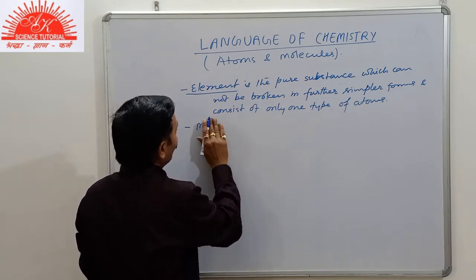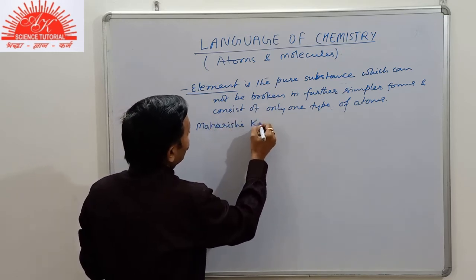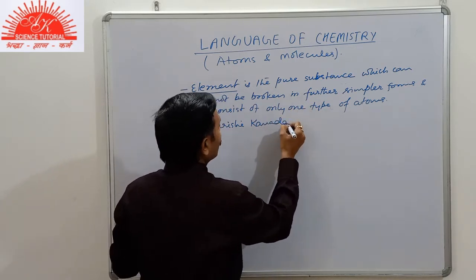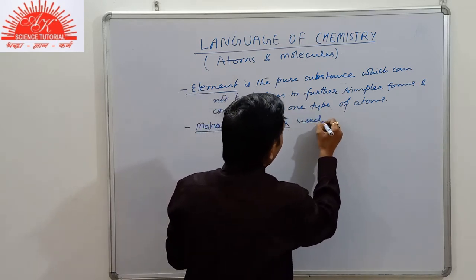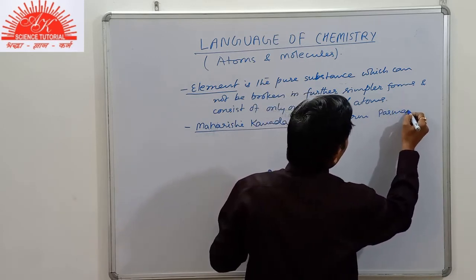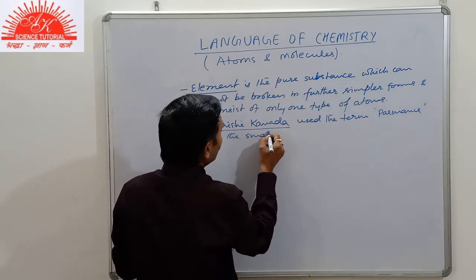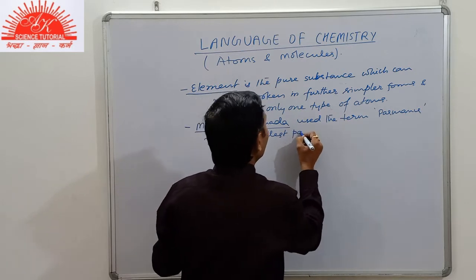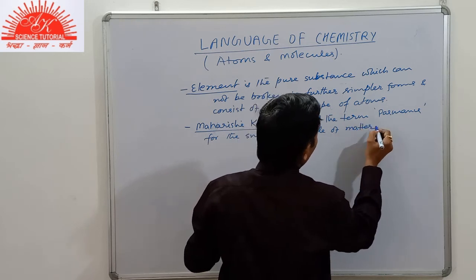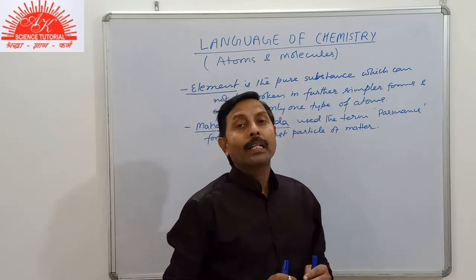Maharishi Kanad used the term Parmanu for the smallest particle of matter. It was later on known as atom.